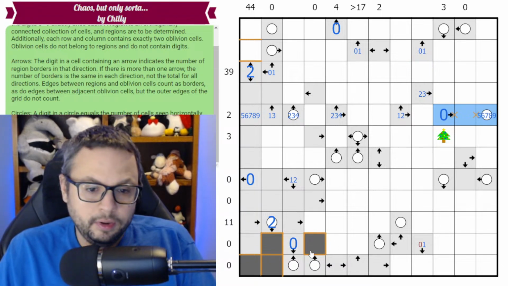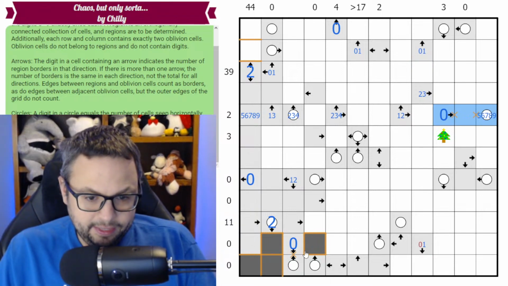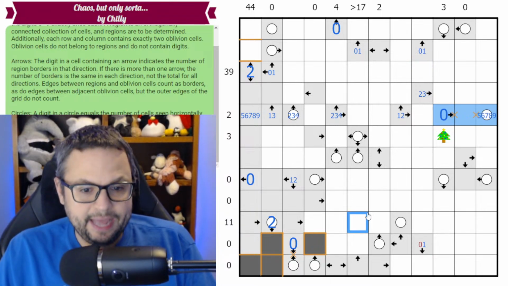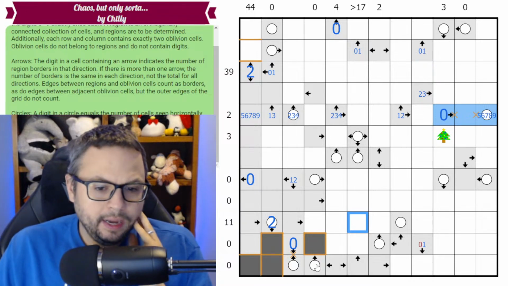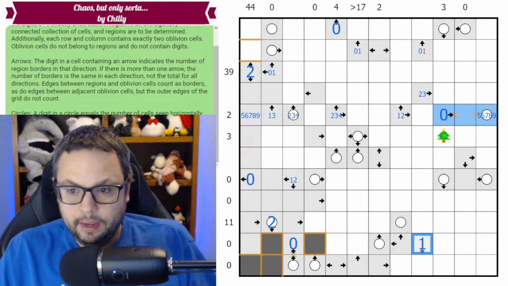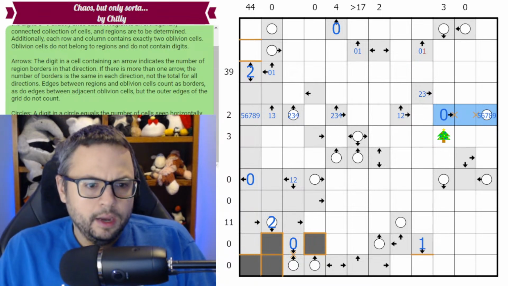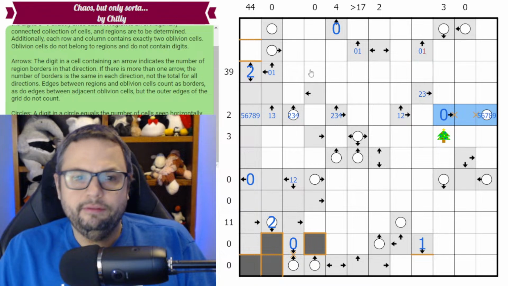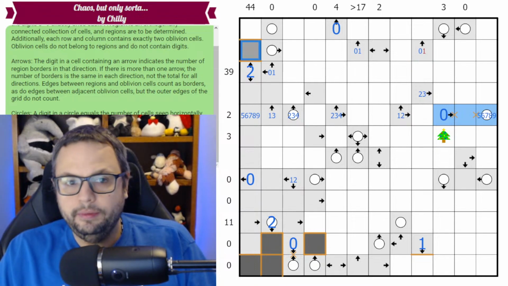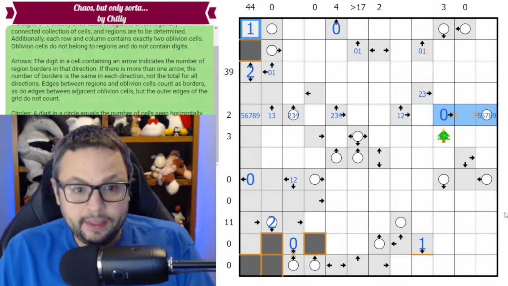So this has to be a 0, which means that indeed this cell is connected to that cell. Oh, this circle thing. Oh, that's a 1. Which means we in fact have a border here. We can finish column 1 with an Oblivion cell and a 1. And a 1, thank you.